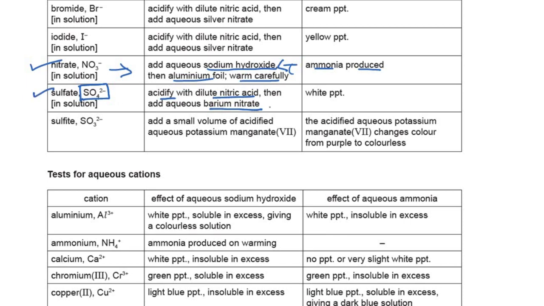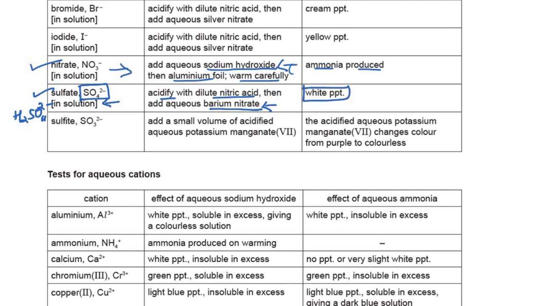Barium nitrate is present in our solution F and we are adding sulfuric acid. Sulfuric acid obviously contains sulfate ion, that is H2SO4.